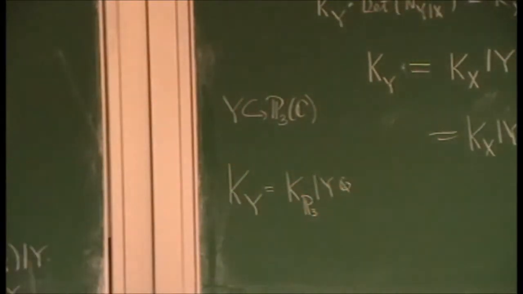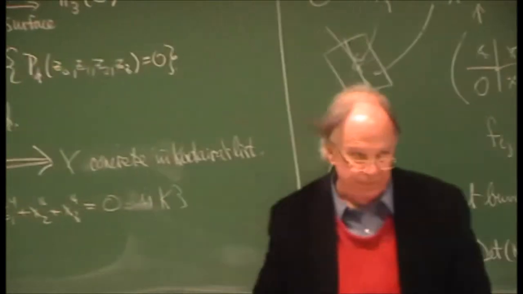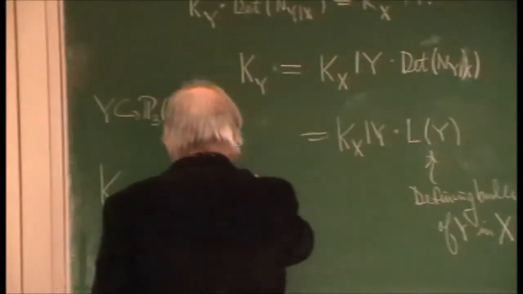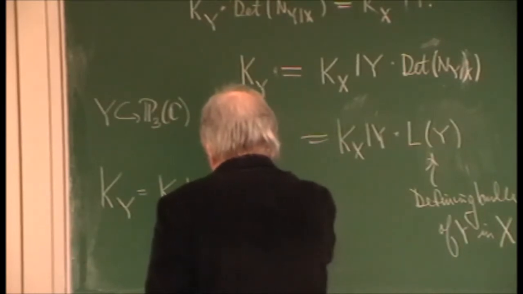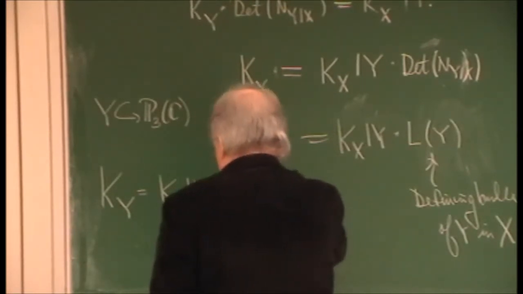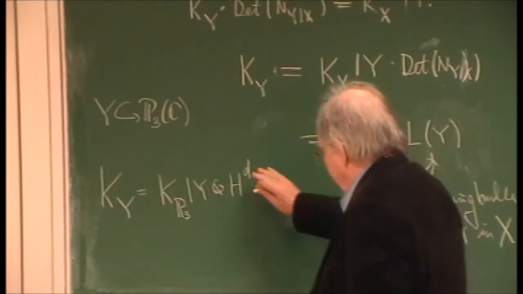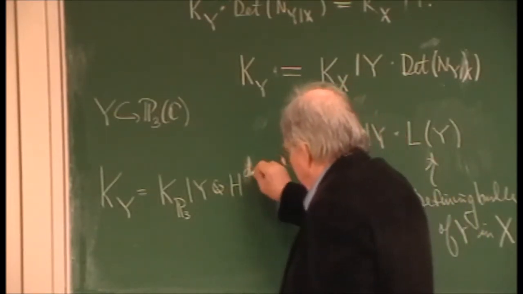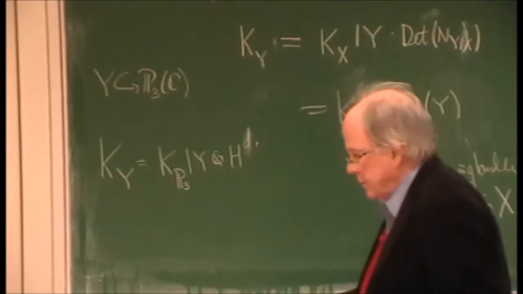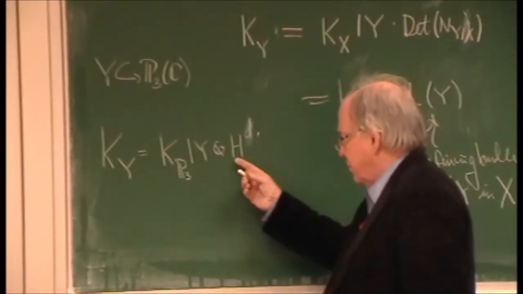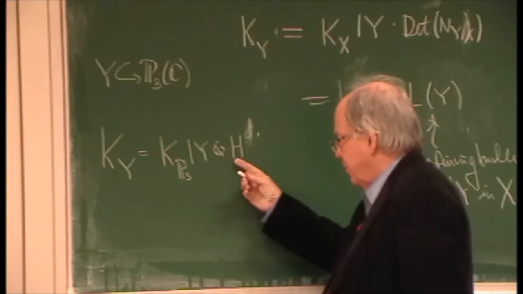Y is given by a homogeneous polynomial of degree d. Okay. And that is the generating bundle for linear polynomials, which we call the hyperplane bundle, to the d power. Okay. So the sections of h are the linear sections, the sections of h squared, the quadratic polynomials, sections of h cubed, cubic polynomials, and so on.